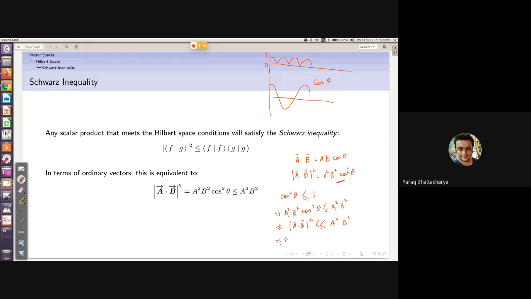A dot b is nothing but the scalar product of a and b. What is a squared? This is nothing but the scalar product of a with itself. And b squared is the scalar product of b with itself, right? Which is essentially the Schwarz inequality. So in ordinary vectors, this is what it is equivalent to.